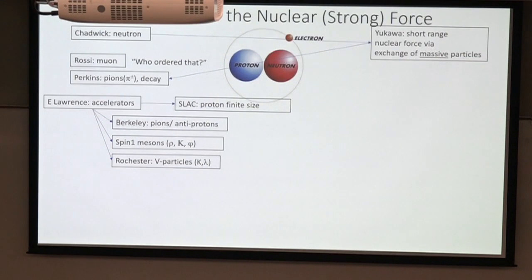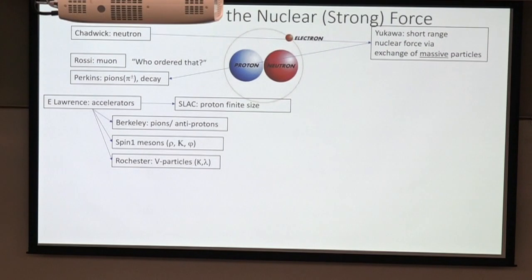And if you get them to high enough energy, they start going through the nucleus, and so they could tell that this was no longer scattering off of a point, it was scattering off of a sphere of charge. And so this was our first evidence that the proton was not a point particle. It was something that had a real size.